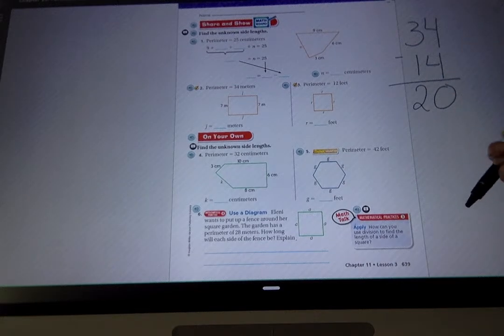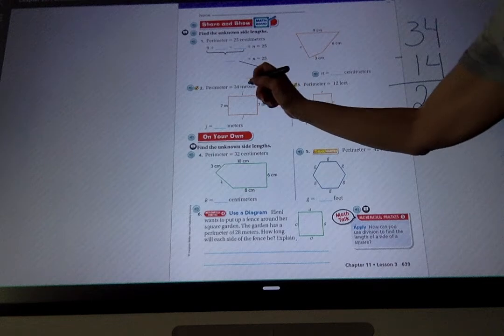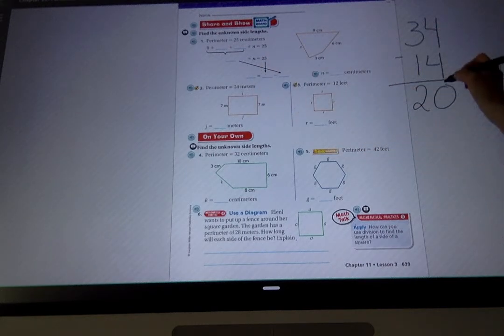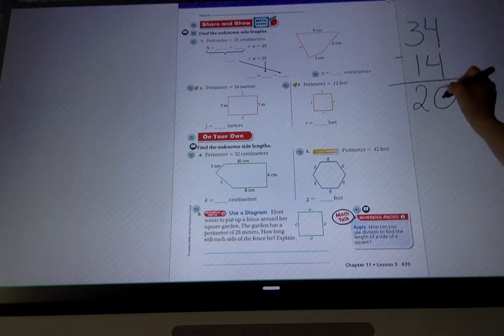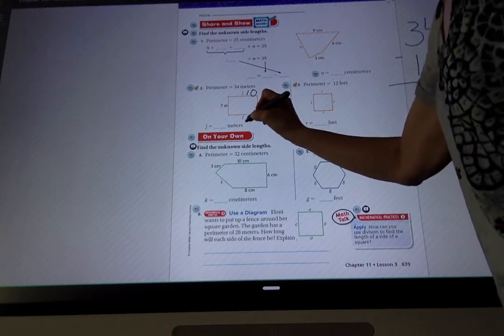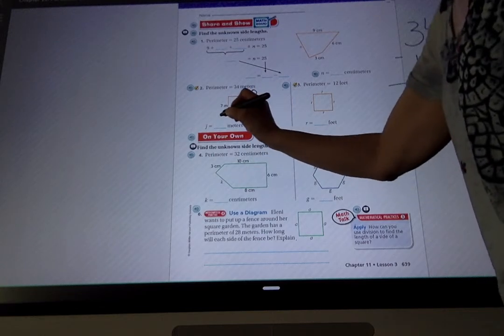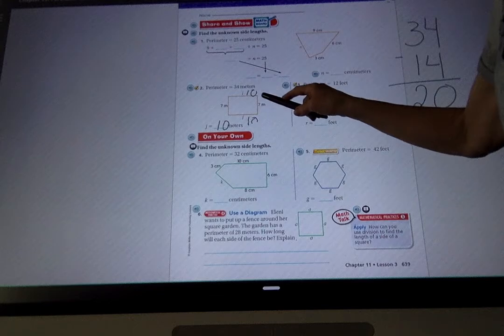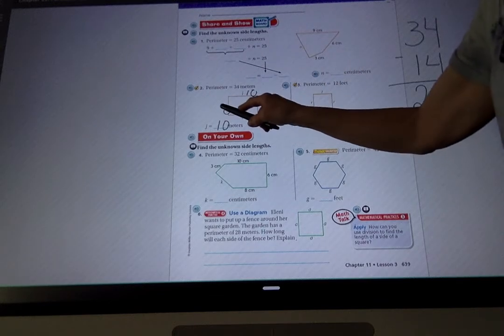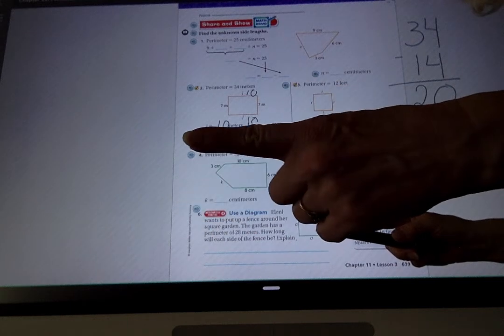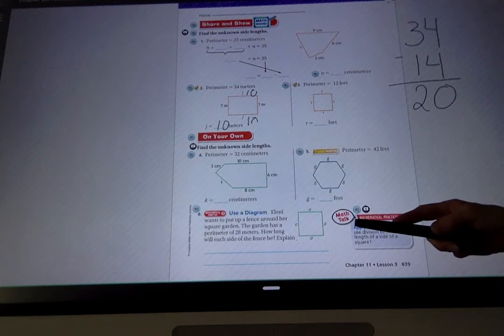And I have 20. But 20 plus 20 is 40. That would be too big. I have to cut this in half. Half of 20 is 10. So J is equal to 10. Let's count it. 10, 20, 27, 28, 29, 30, 31, 32, 33, 34. We got it.